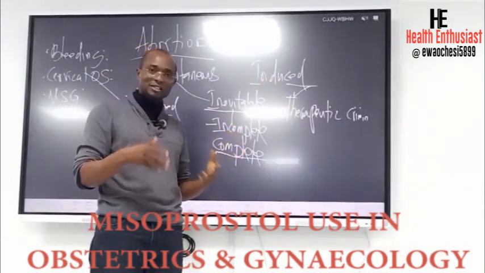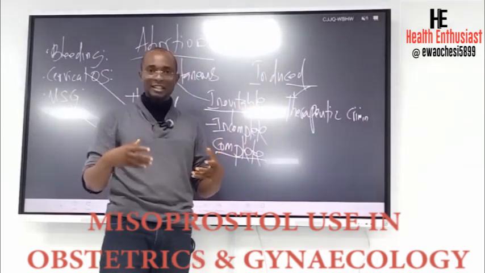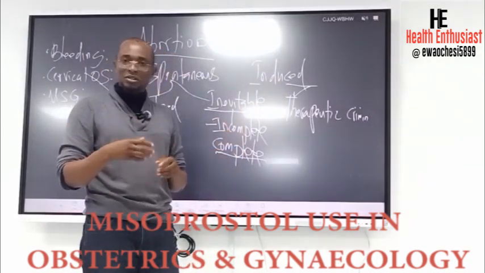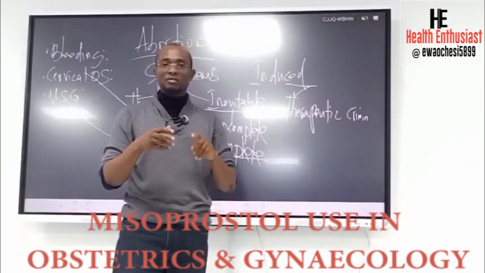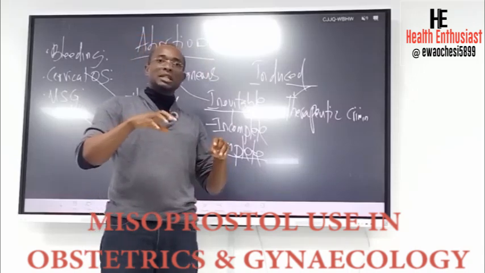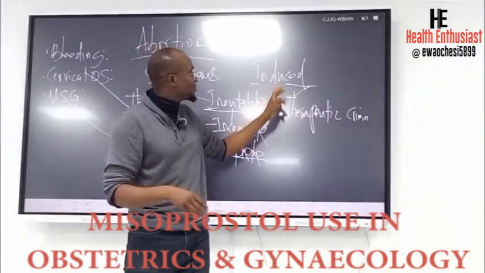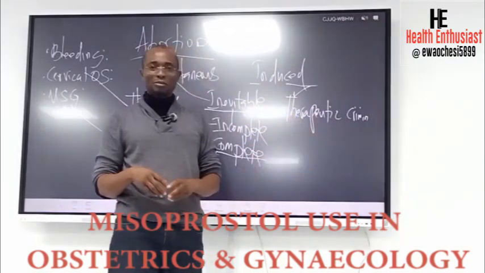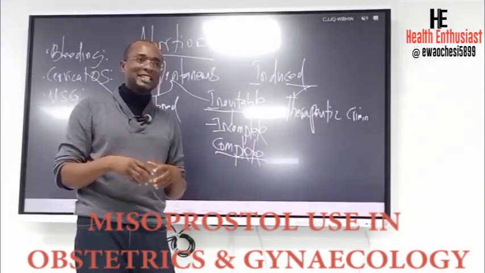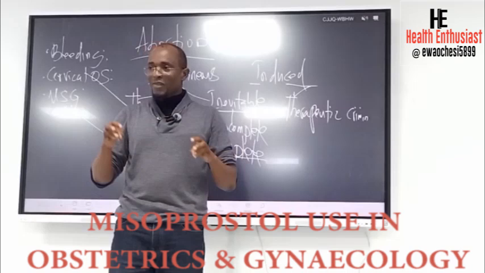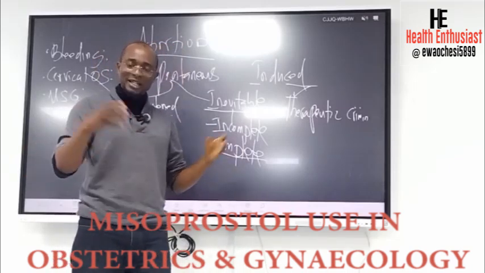It's the termination of pregnancy before fetal maturity, either through the use of instrumentation, through the use of medications, or any other human intervention, right? Now, in induced abortion, we talk about therapeutic abortion. Abortion is said to be therapeutic when it is legally and medically allowed to be carried out.